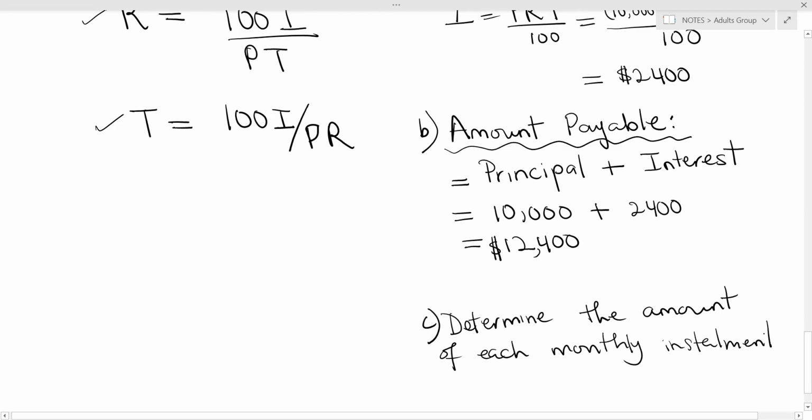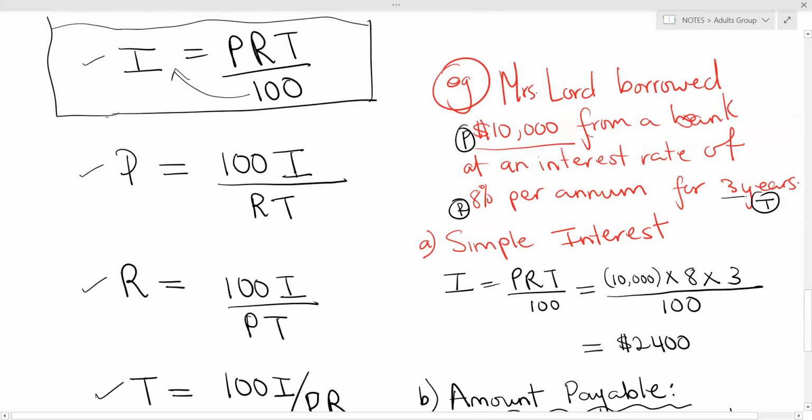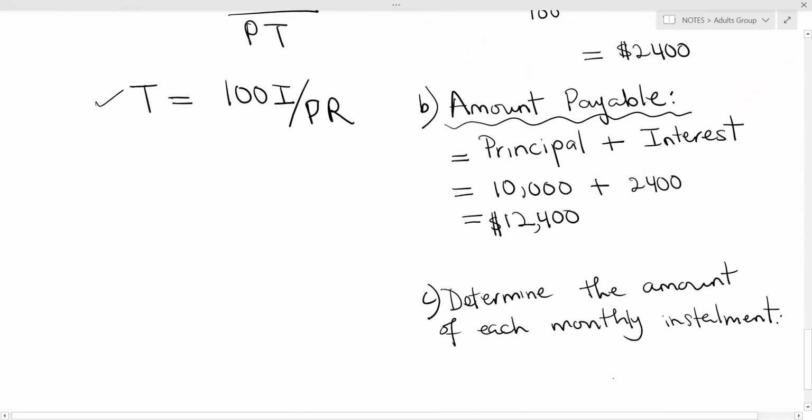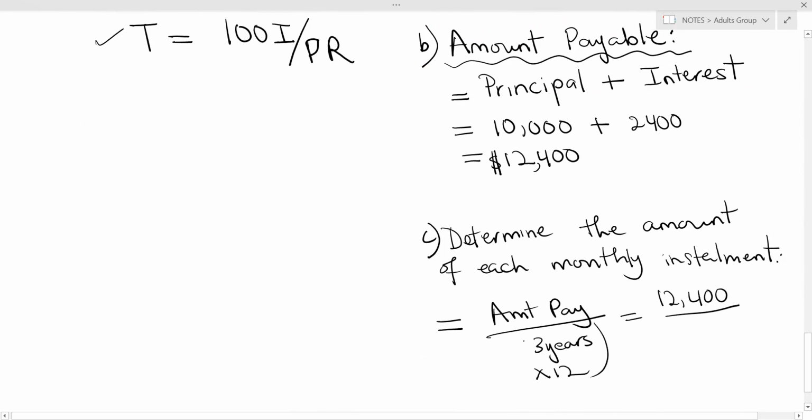what we will have to do now is, of course, go back to the reference where they said you have 3 years to repay your loan, right? So we know that your monthly installments will be the amount payable divided by the time, which is 3 years. So of course, it's going to be 12,400, and we need to do this by months, right? So 3 years by 12.